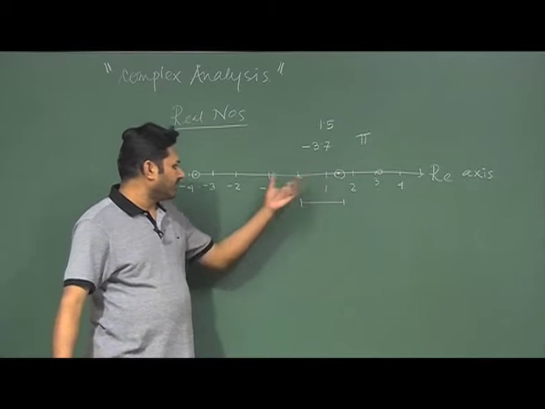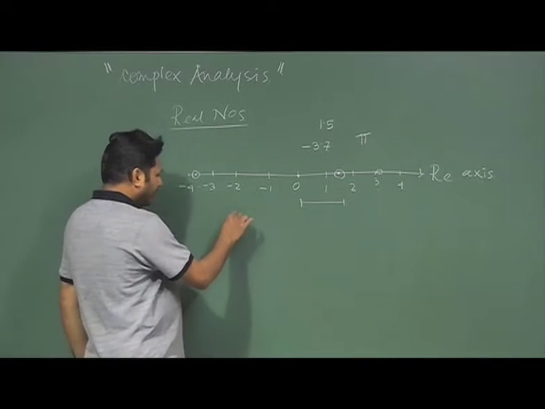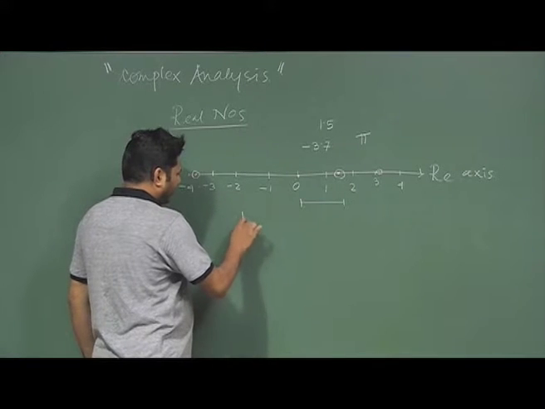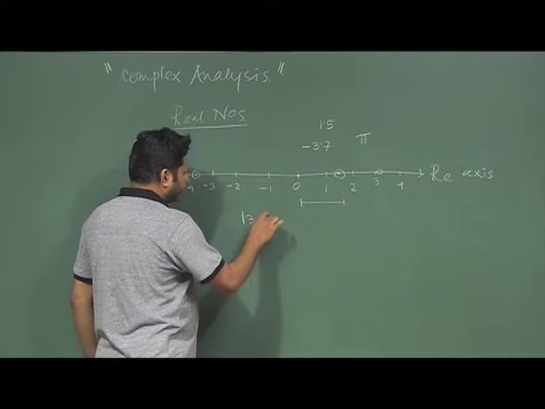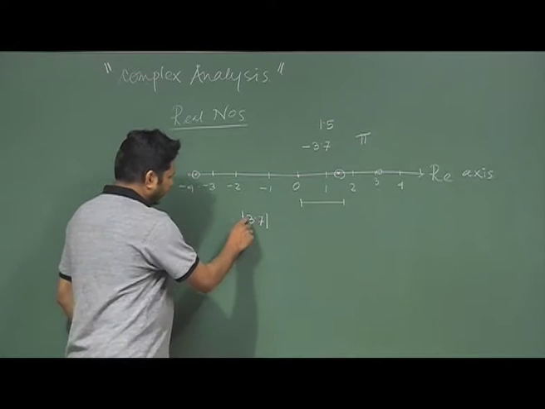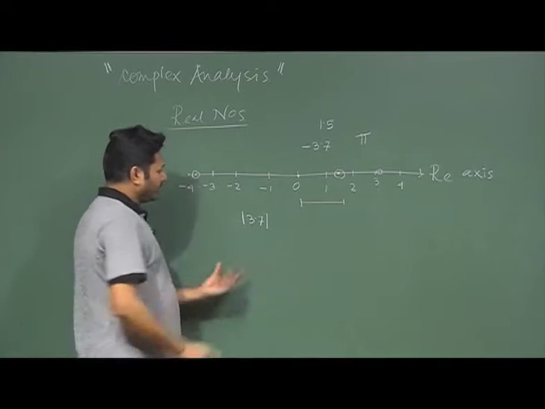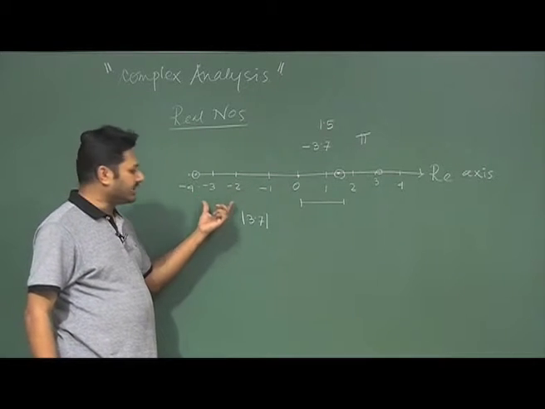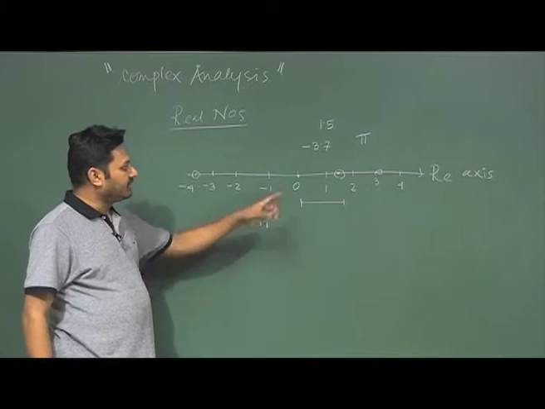For example, for 3.7, the magnitude will be the mod value of 3.7, or only 3.7. For a negative number, if I take the mod, I am just talking about the length, not the direction which is given by the negative sign.